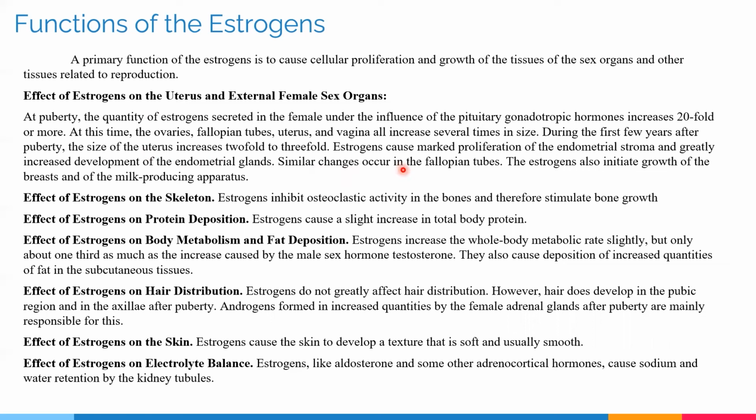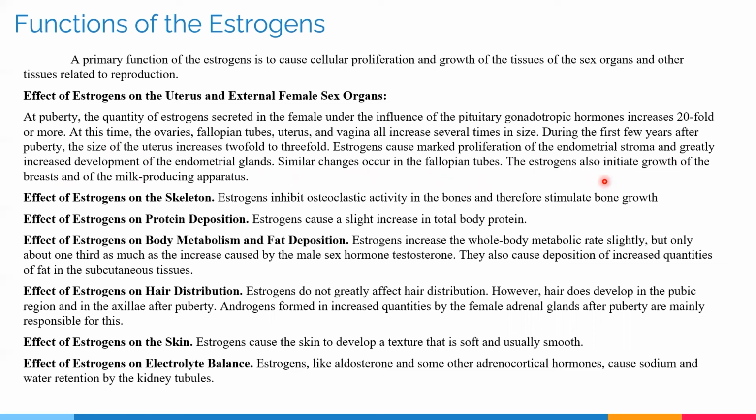Estrogen causes marked proliferation in the endometrial stroma and greatly increased development of the endometrial glands. Similar changes occur in the fallopian tubes.